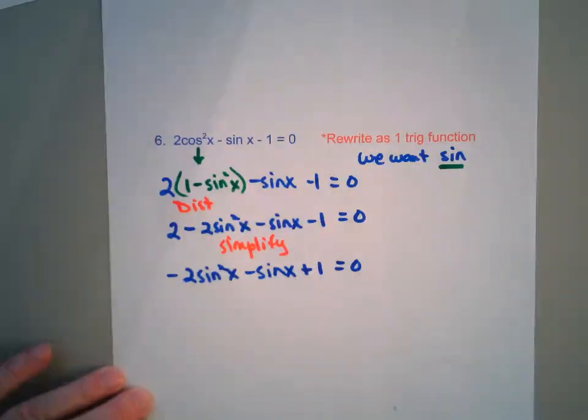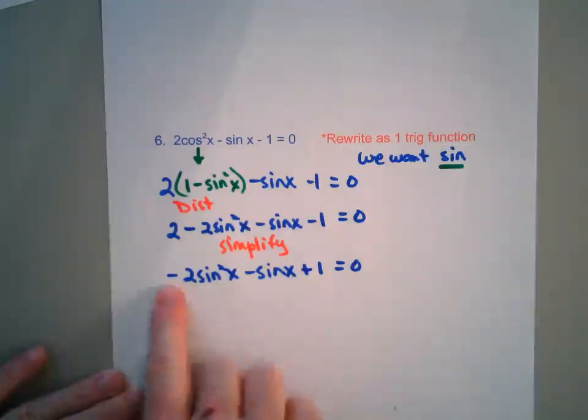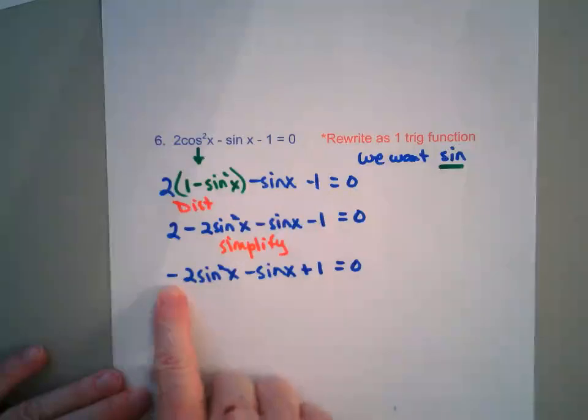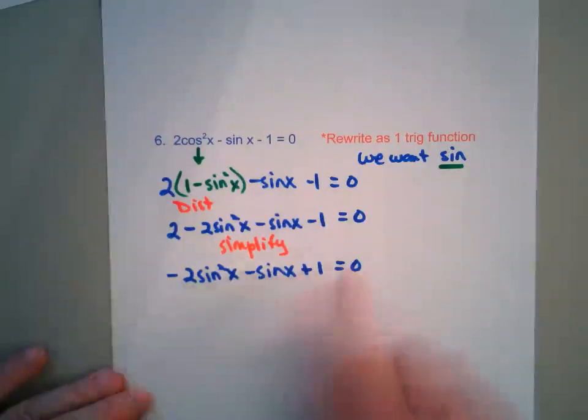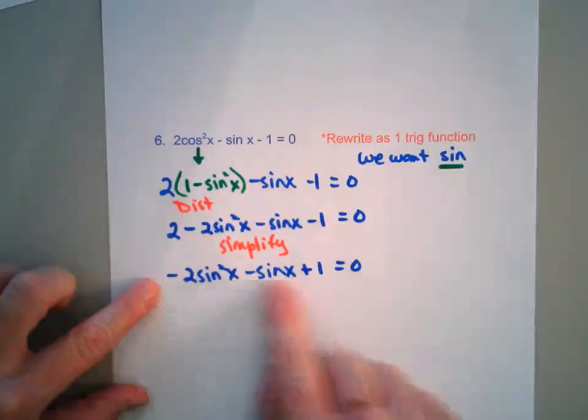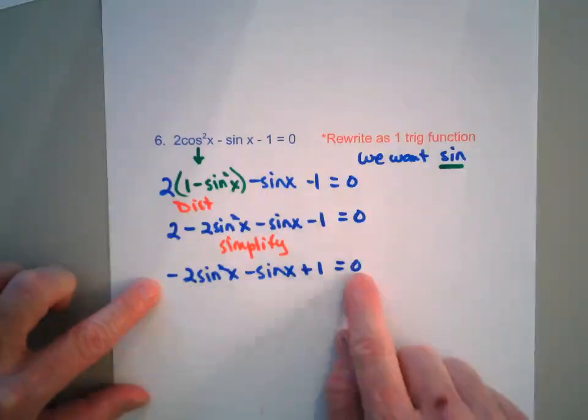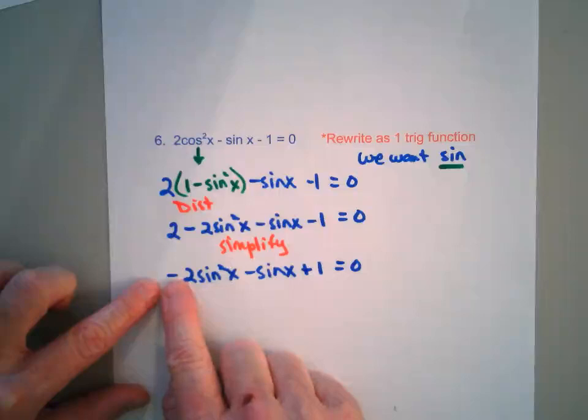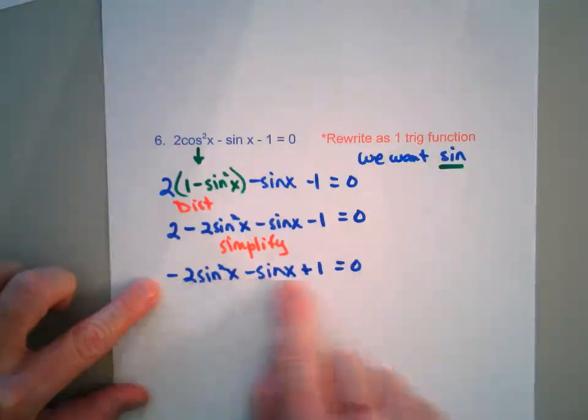All right. As a habit, not a big fan of having a negative leading coefficient. So remember that you can do anything you want to an equation as long as you do it to both sides. So if I multiply everything, including the 0, by negative 1, I can get rid of my negative leading coefficient. So basically, we're going to change the signs.